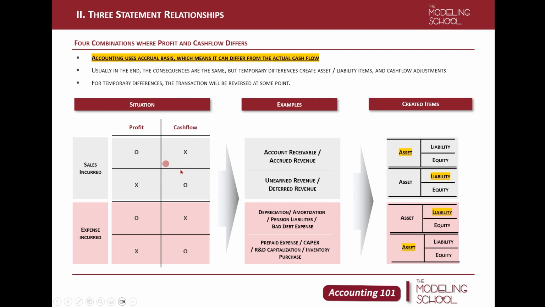So these effects are temporary differences, and when they're reversed, we're going to do the exact opposite of what we did on the first transaction. So let's move on. Let's see how the three statements are related, and how the three statements go in each of these four combinations, in each of these four cases.